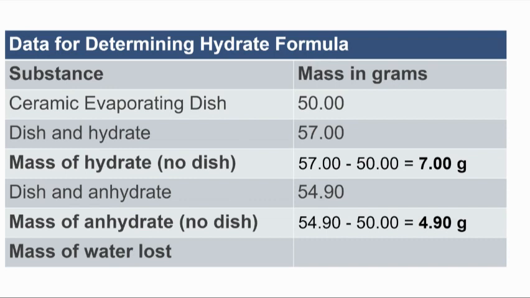So that would be 4.90 grams. And then the difference between our hydrated compound and anhydrous compound tells us how much water was decomposed or evaporated away. So 7 minus 4.90 gives us the water portion, which would have a mass of 2.10 grams.